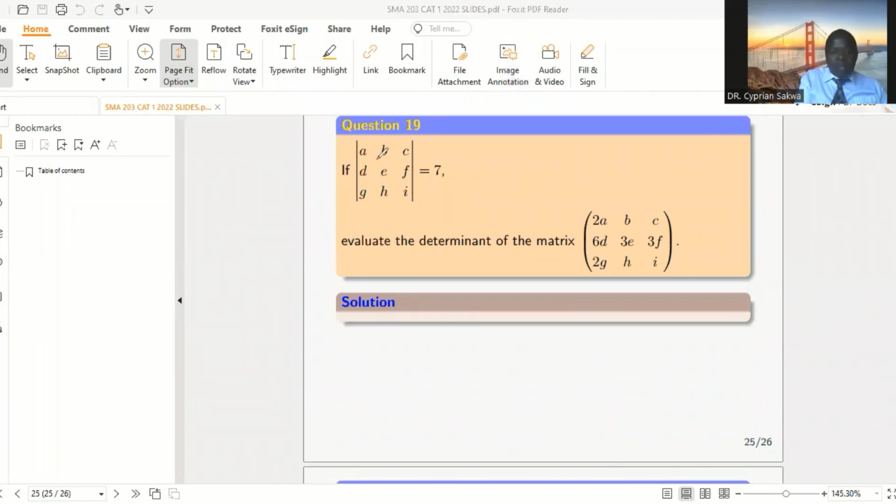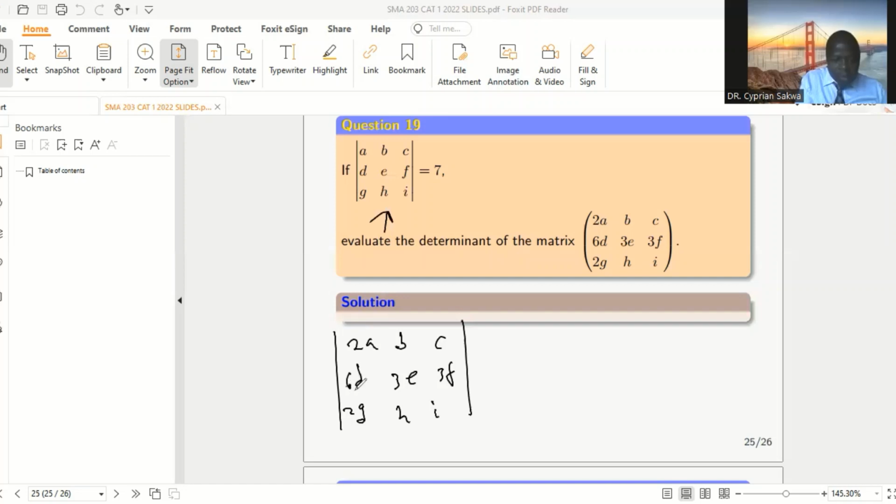We are given the determinant of this matrix and we are asked to find the determinant of this matrix. That means you must factorize this, work with this matrix until you can express it in terms of this. Let's begin. We have 2A, B, C, 6D, 3E, 3F, 2G, H, I. I'm seeing something here.